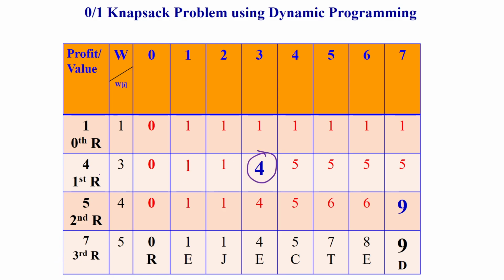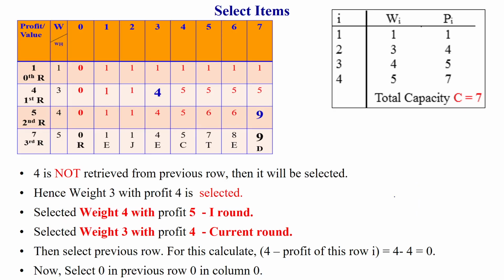When you select this item, you get a profit of 4 and the weight is 3. You already selected a product with weight 4, so now we add this current product's weight 3, giving 7. The maximum capacity of this bag is also 7. Yes, it is possible to select, so this is also now selected.